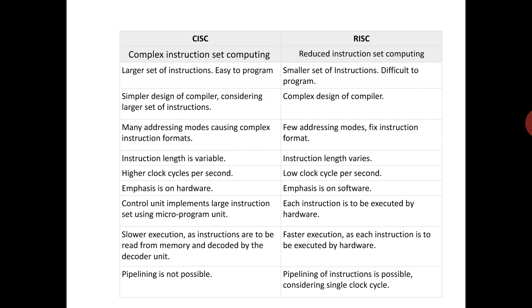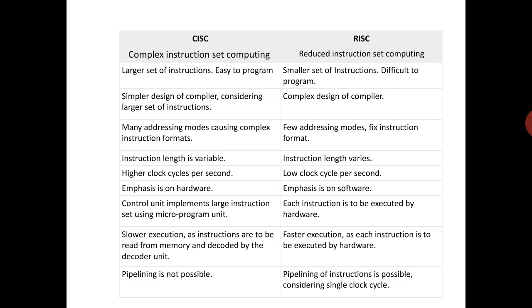Second difference is larger set of instructions. CISC is complex instruction set, so the instruction set is larger. And in RISC, reduced instruction set, so smaller set of instructions.